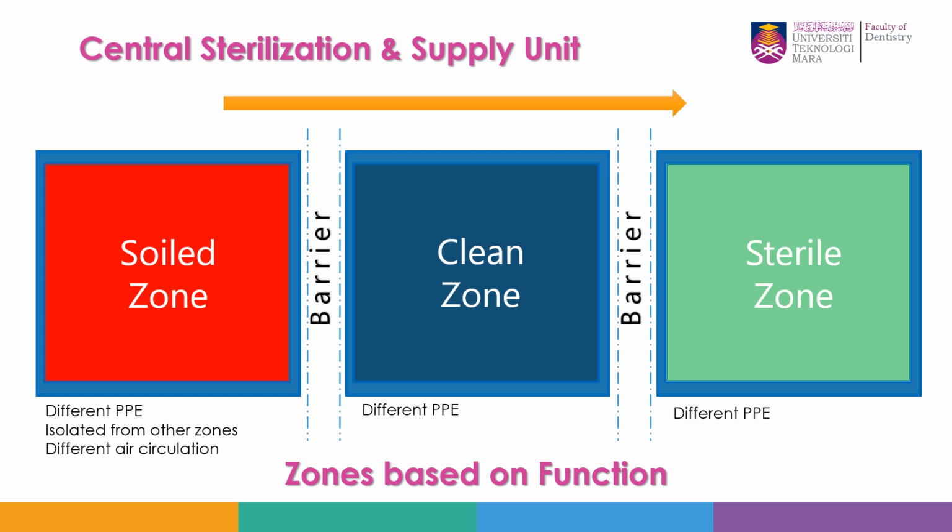From the soil zone, they go to the clean zone through a barrier, and usually the barrier has the machine, which I will show you in a photo later on. What happens in the clean zone is they inspect and package the instruments and make them ready for sterilization. The sterilization is in the barrier here.